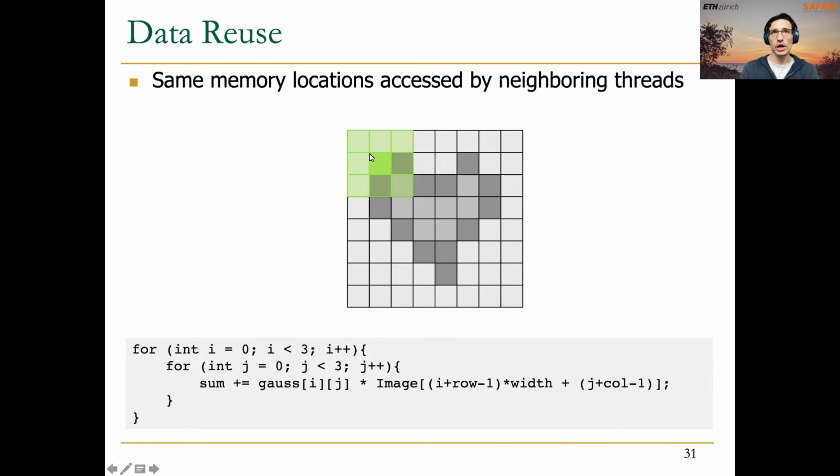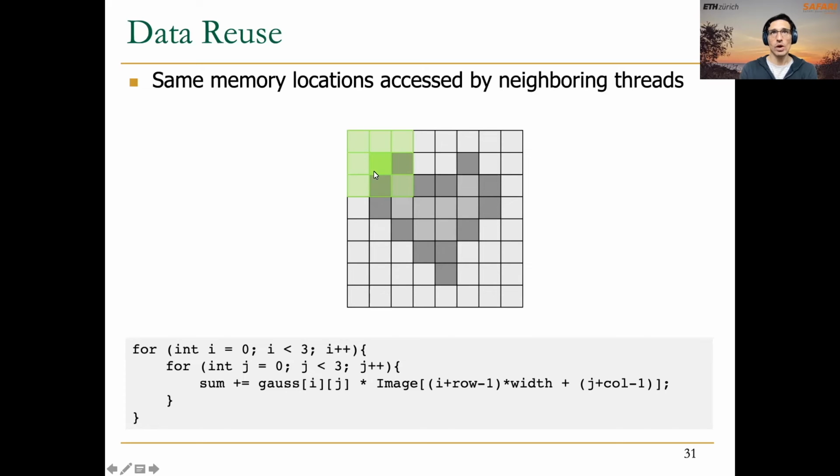For example, for this input pixel, we are going to calculate an output value that is the result of performing the convolution of this green mask with the corresponding pixels, as you can see here at the bottom in this code. But the interesting observation here is that some of these pixels are also going to be accessed by other threads computing the corresponding output value for other pixels.